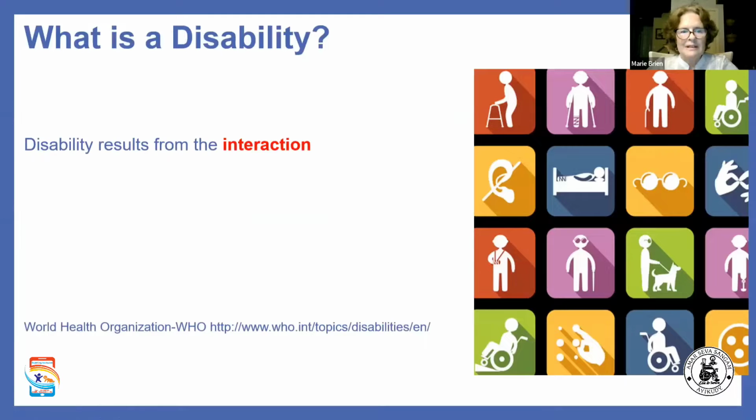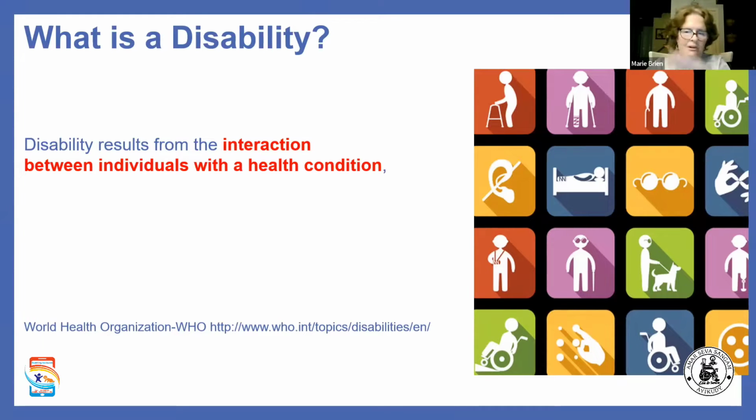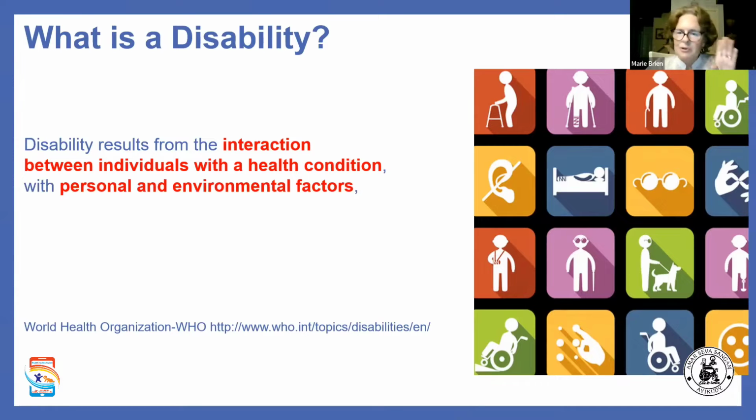So now we look at what is disability. Disability is not just the impairments in function and participation. Disability results from the interaction between the individual with the health condition, so our child with a disability, and the personal and environmental factors.